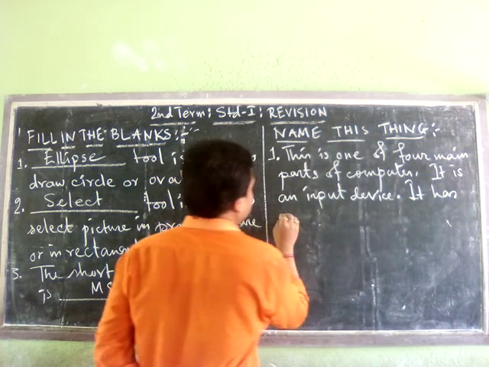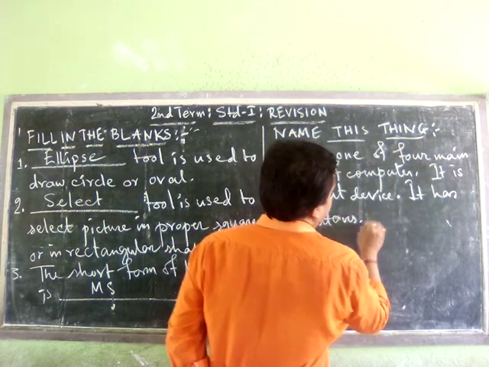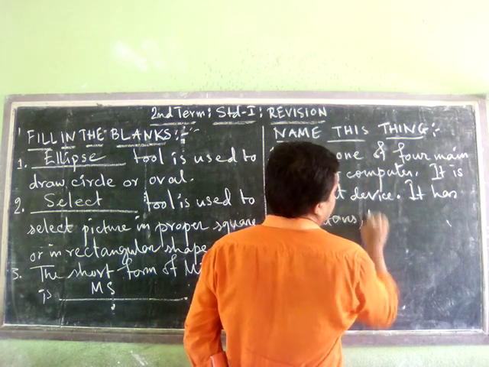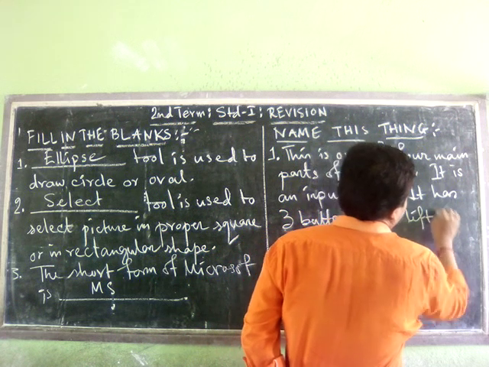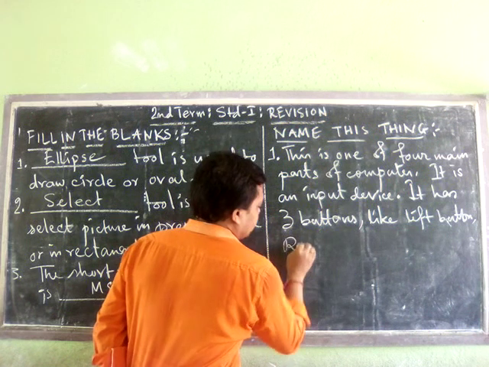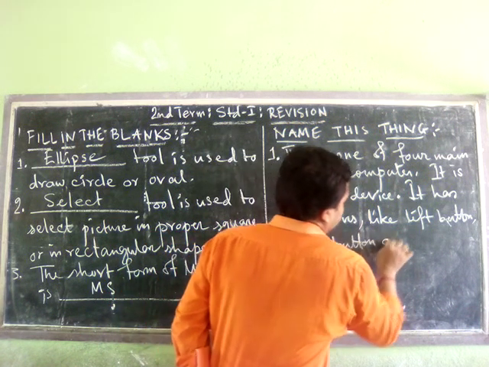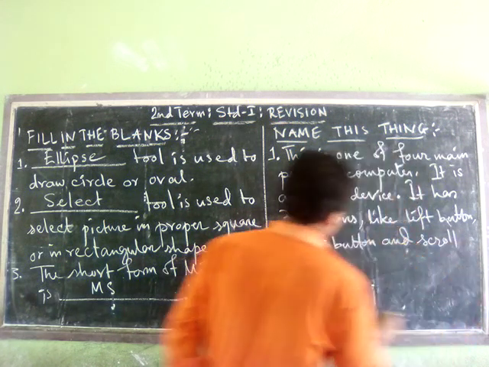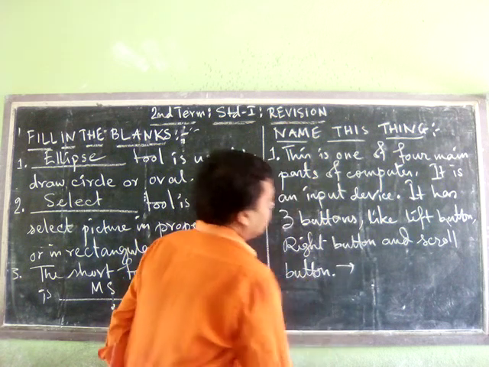It has three buttons, like left button, right button and scroll button. What is the thing?